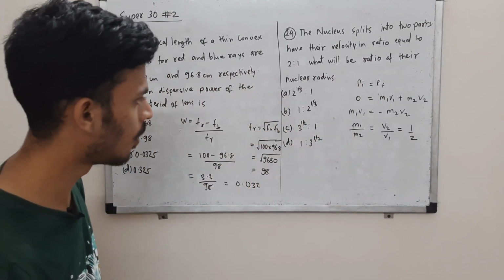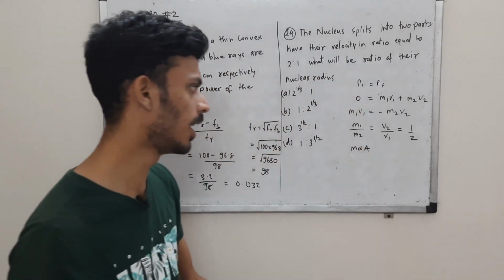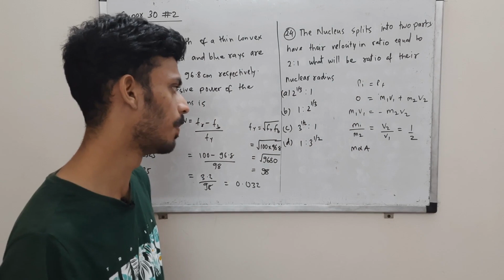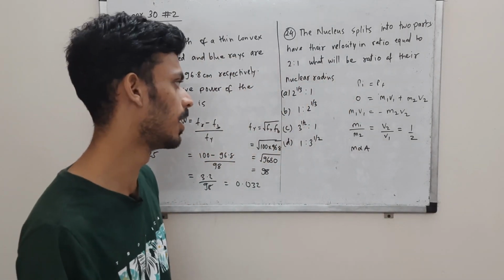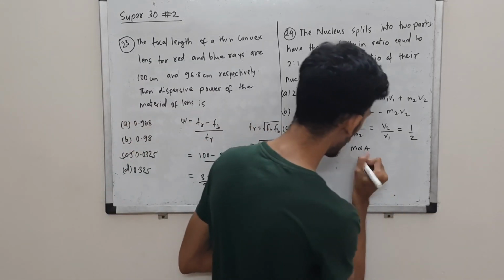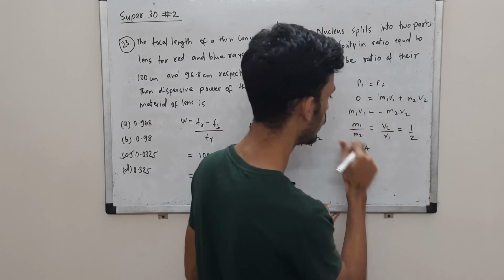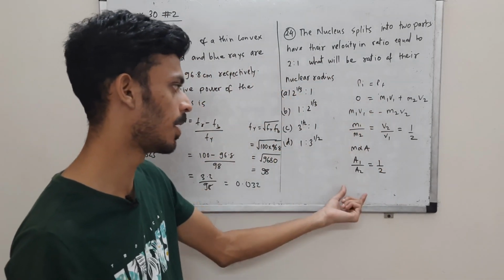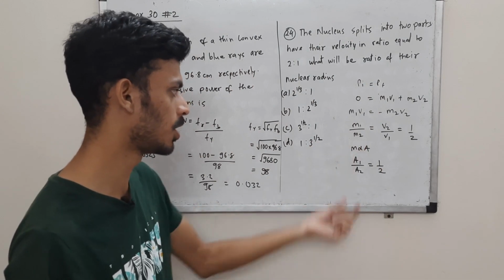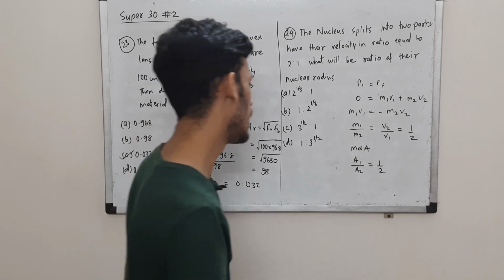Now mass is proportional to mass number, of course. The more the number of protons and neutrons, the more the mass number. So a1 by a2 will also be in the ratio 1 by 2, since both are proportional. Why did I bring A over here?